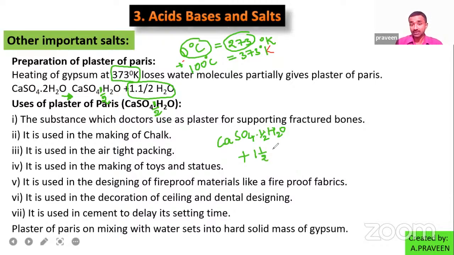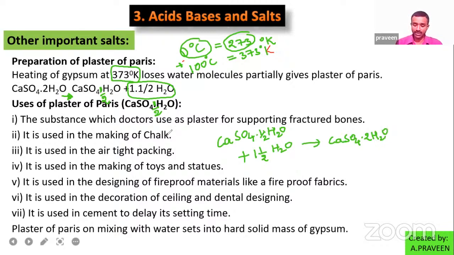It again changes its nature into gypsum salt, CaSO4 2H2O.